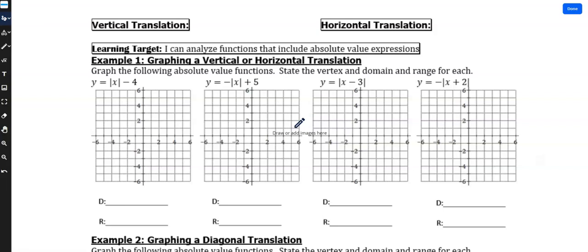So remember, we're going to talk about the changes on the outside and the inside of the function. So this minus 4 is on the outside, so that's going to follow our common sense. Hopefully you would say down 4. This thing's going to start like this and go.